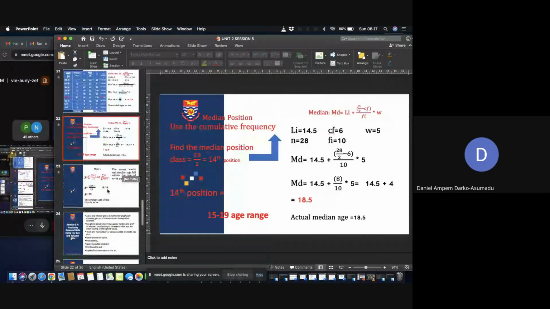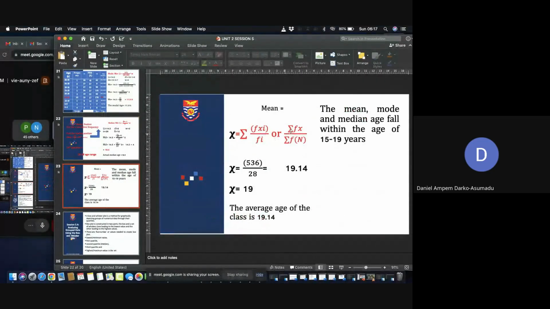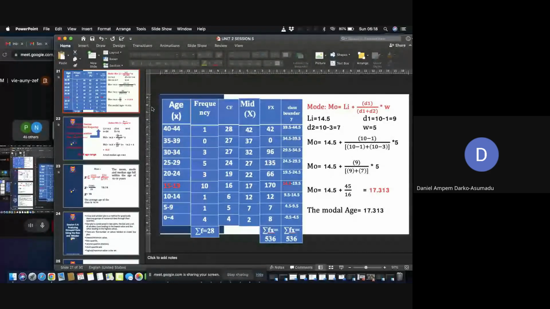Now we also have to find the mean. The mean is given by summation fx over summation f. Learn the formulas. So we need to find the x values, multiply them by the frequency, then sum it. Then we sum the frequency, then we divide the two. So how do we get the x values from here?